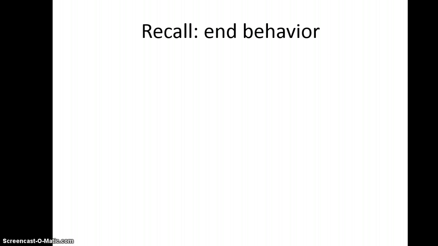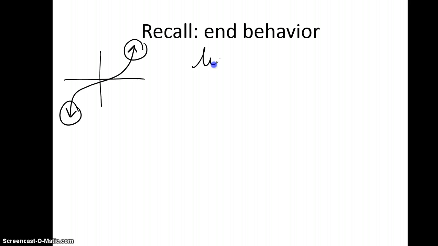All right, so recall end behavior. So you would have studied end behavior last year. And it's exactly that. What's happening at the ends of the function? In order to determine what the end behavior is, we look at the limit as x approaches positive infinity. So as x is getting bigger and bigger, what are my y values approaching? So in this particular function, my y values are approaching infinity.